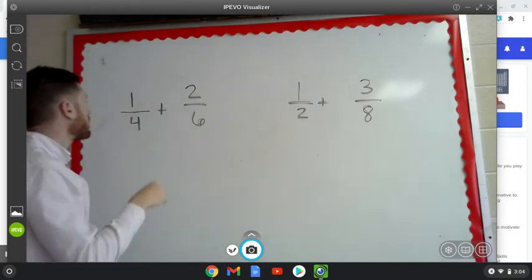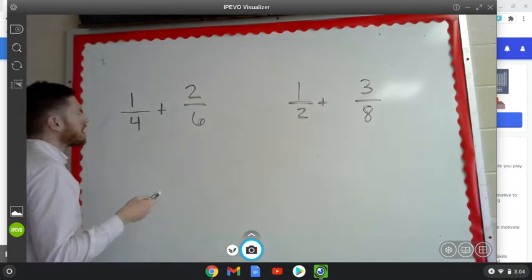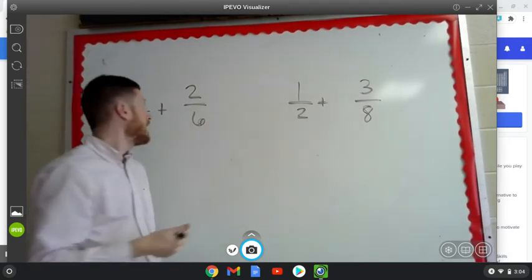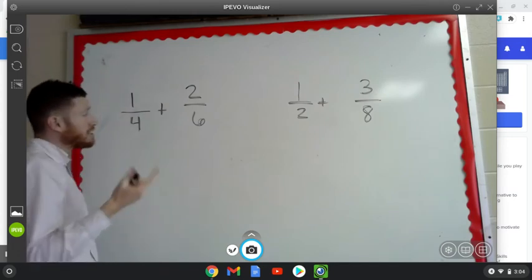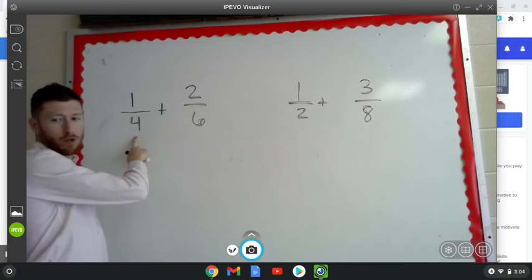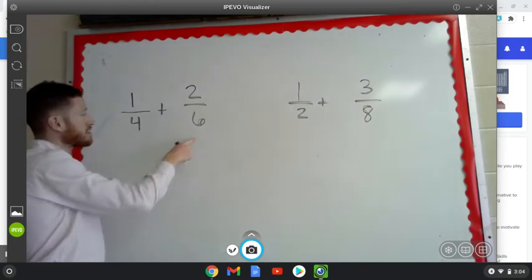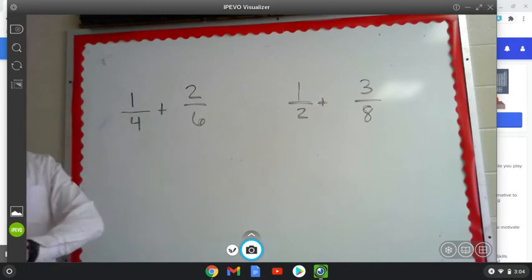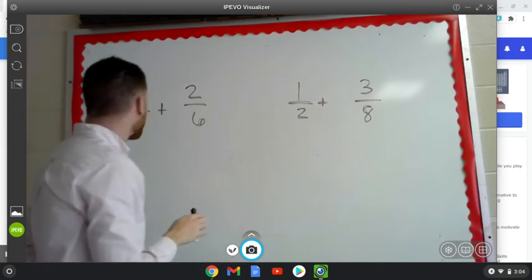So what we want to do is think about a number that we could multiply both 4 and 6 by, a common denominator. And when you think about it, sometimes you can look at one and multiply it and get the other. But in this case, there's nothing you can multiply by 4 to get 6. So I'm trying to think. I can multiply 4 times 2 and get 8.